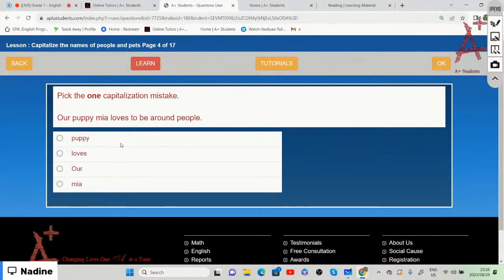One of these words needs to be written in a capital letter. And we forgot, meaning that the mistake is there where we wrote it in lowercase. All right, so if we were to select one capitalization mistake, we will select Mia, right? Because it says our puppy Mia loves to be around people, which means that the name of their puppy or their pet is Mia.